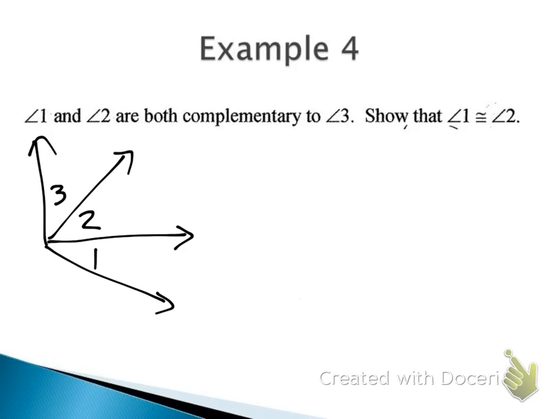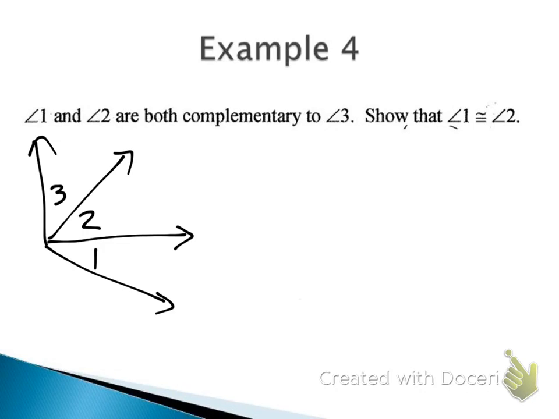Okay, example 4 says that angle 1 and angle 2 are both complementary to angle 3. So I want to start off by making a couple statements about that before I even worry about what they're asking me to show on the end. I want to make some statements using the information they give me.